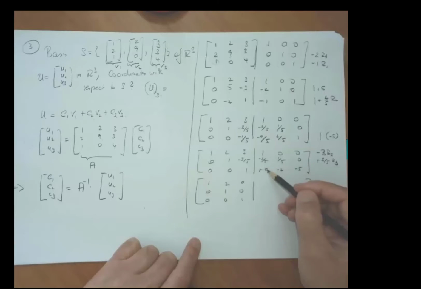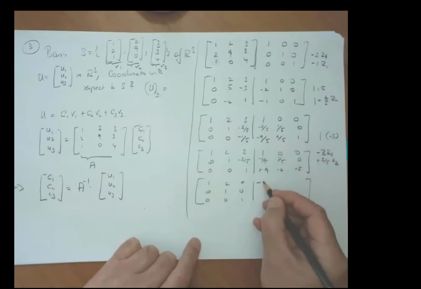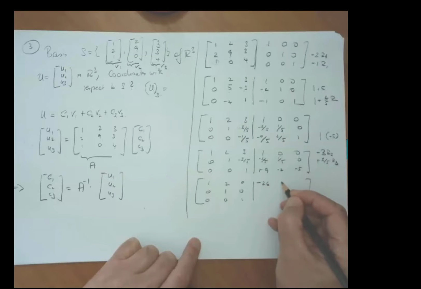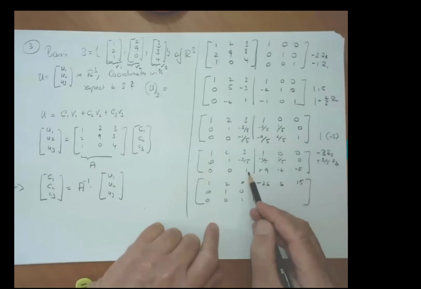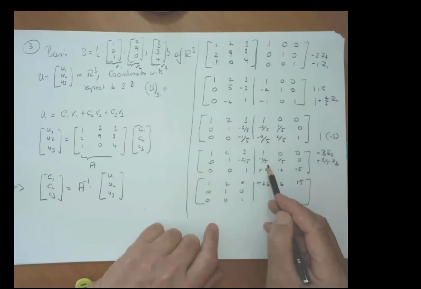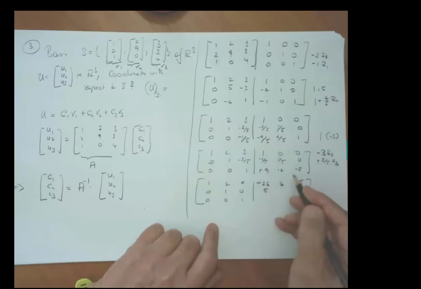Okay, so this minus 3 times this is minus 26. Here 6 and here 15. Then this plus 3/5 times this. So we have minus 2/5 plus 27/5 is 25/5 is 5. 1/5 minus 6/5 is minus 5/5 is minus 1.